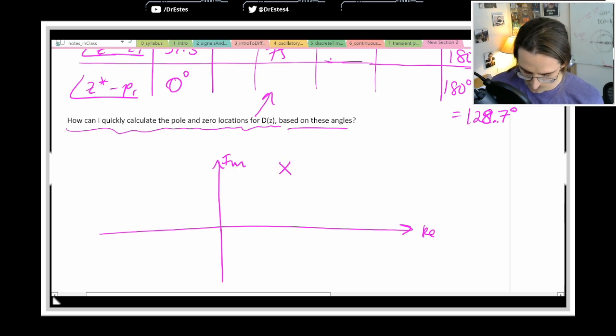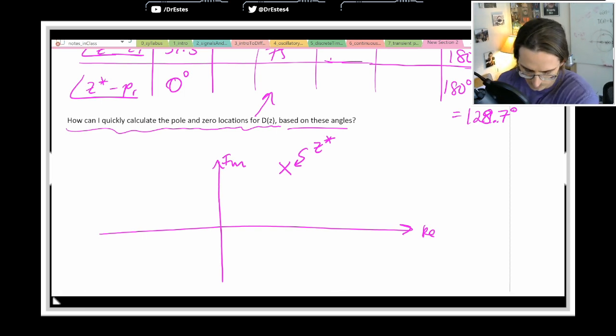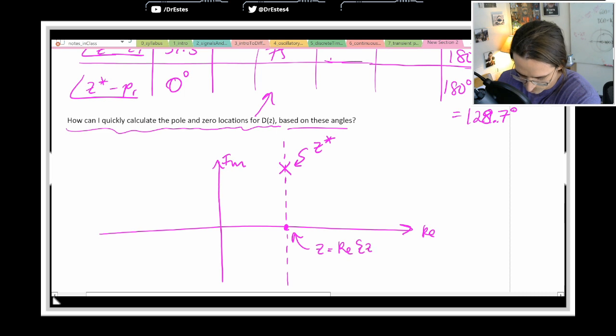So let's first throw just a generic z star in the complex plane. And this z star has a real part, it has an imaginary part. So I'm going to draw a line down to the real axis, and where it intersects the real axis, this is where z is equal to the real part of z star.